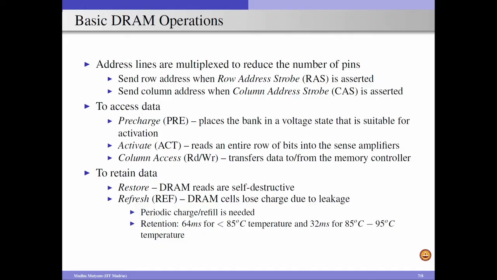In order to retain the data, we have to periodically refresh each of these DRAM cells. A periodic refresh is nothing but reading data from a row to the sense amplifiers and writing it back. The moment you perform a read and write back, the DRAM cells associated with that DRAM row will again have their full charge and can retain the data for some more time.